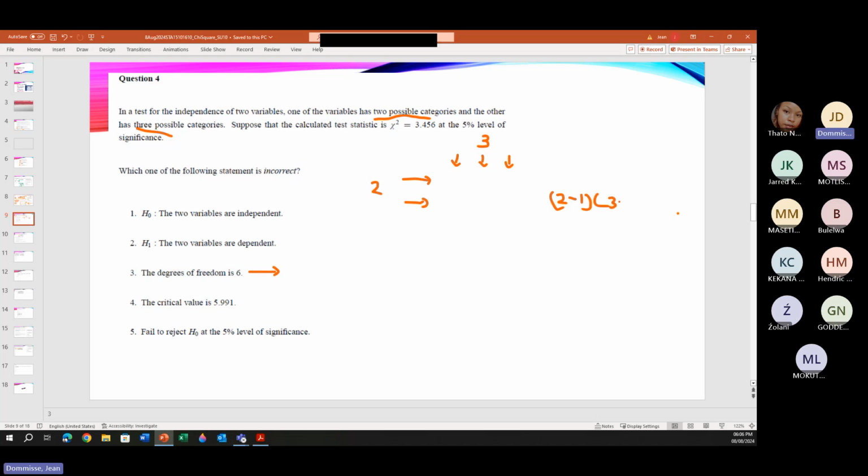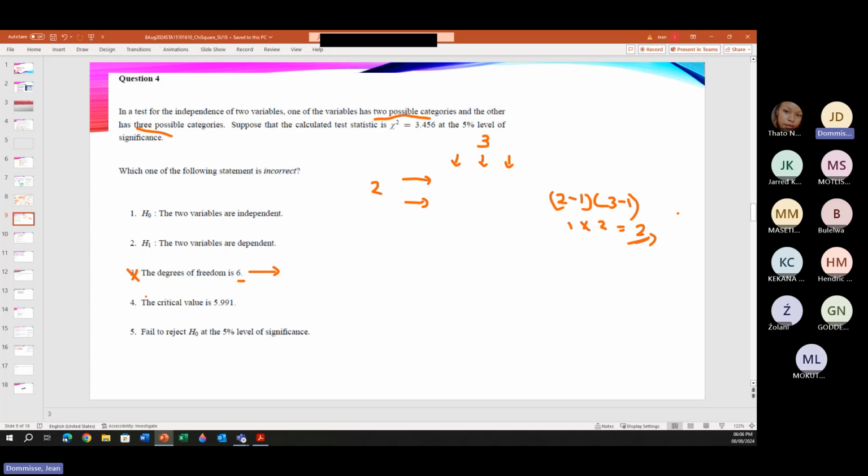So I would always go in a question and first look if I can work out degrees of freedom. So it will be 1 times 2. So degrees of freedom is 2. Okay, so that is the incorrect one.